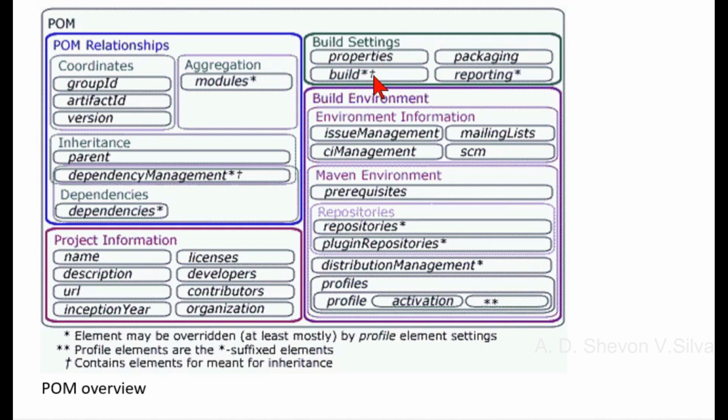Plugin management is an element that is seen alongside plugins. Plugin management contains plugin elements in much the same way, except that rather than configuring plugin information for this particular project build, it is intended to configure project builds that inherit from this one.